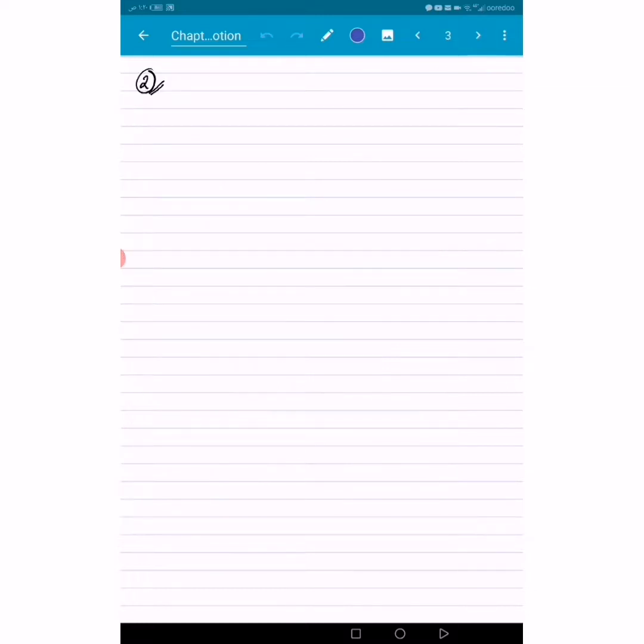Now we want to find the maximum height. So that means at point 4. At point 4, what is V final y? It is equal to 0.